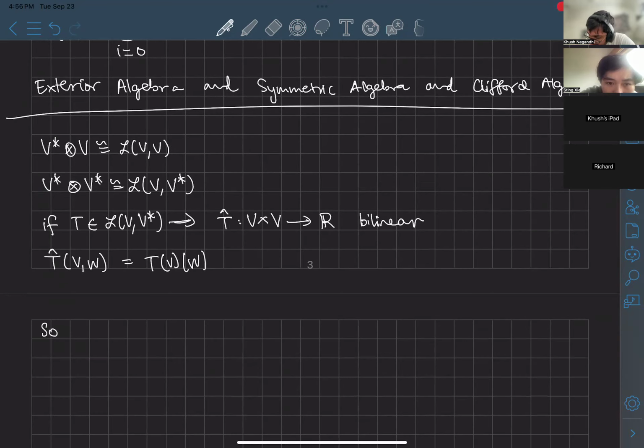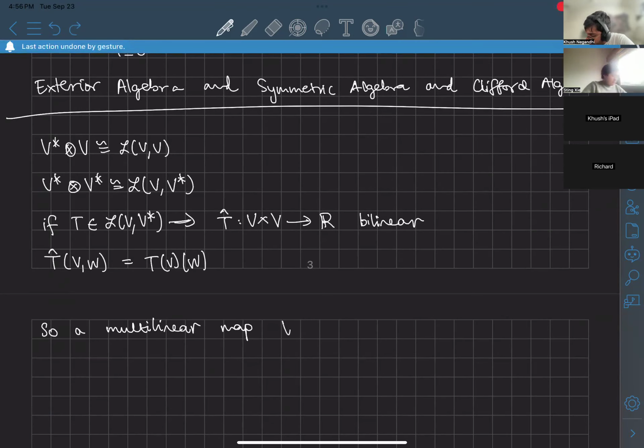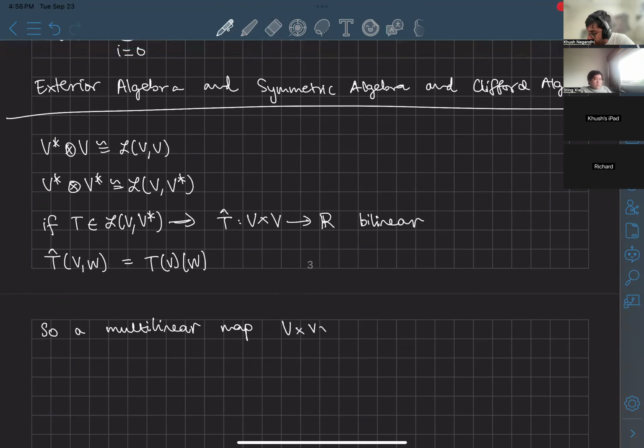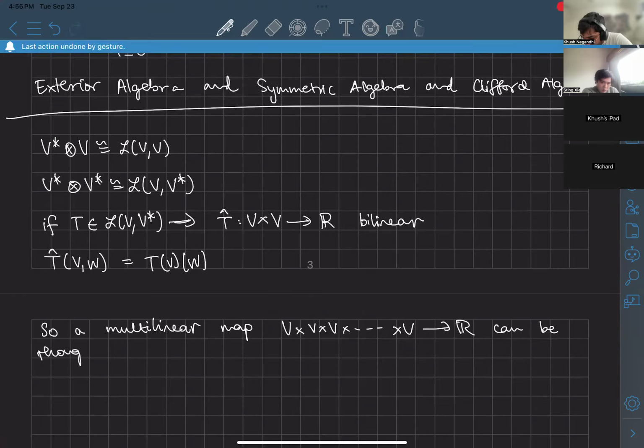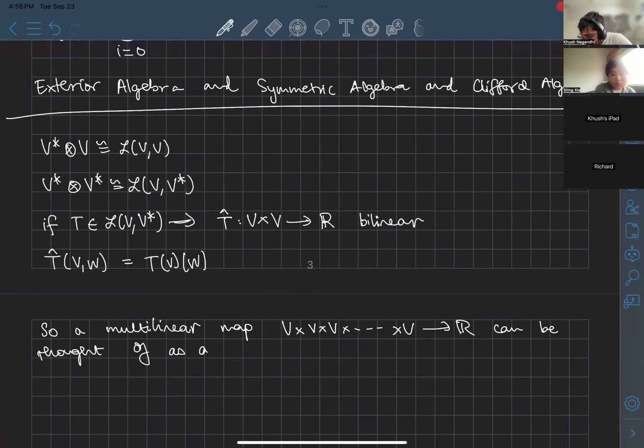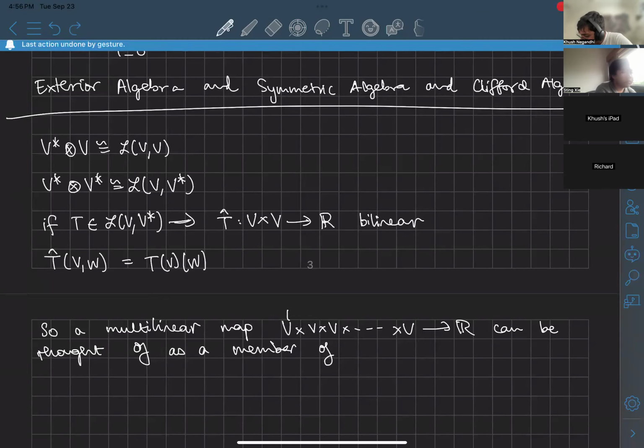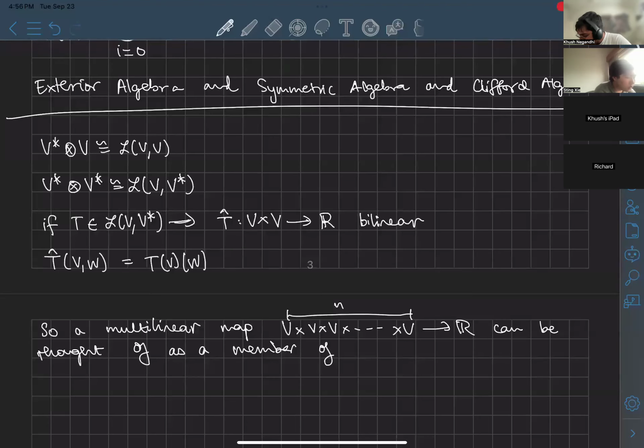So a multilinear map from V cross V cross ... cross V into R can be thought of as a member of V star, the dual, tensor producted n times, if I have n things here.